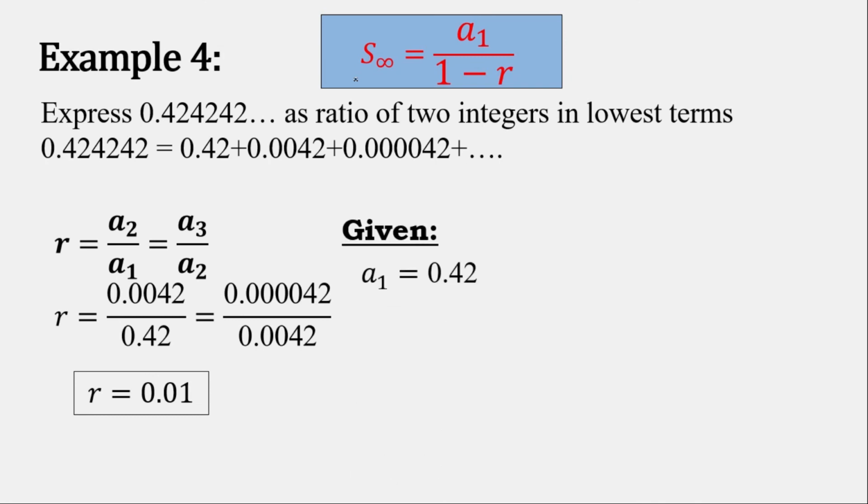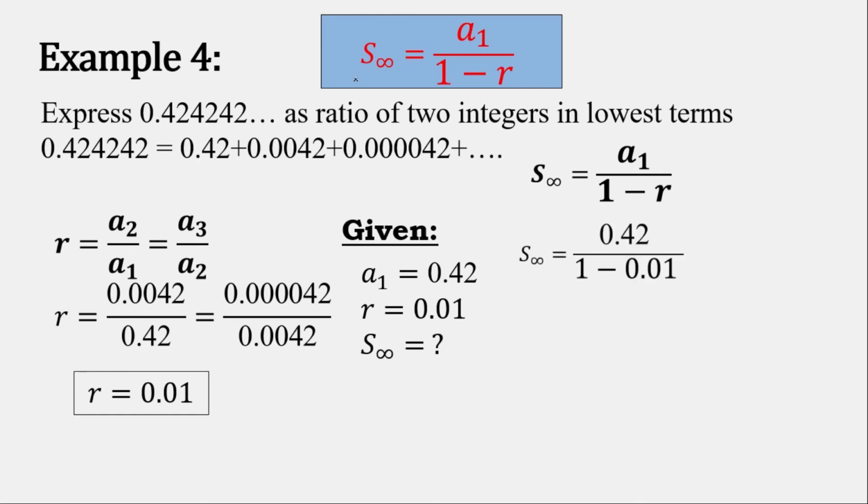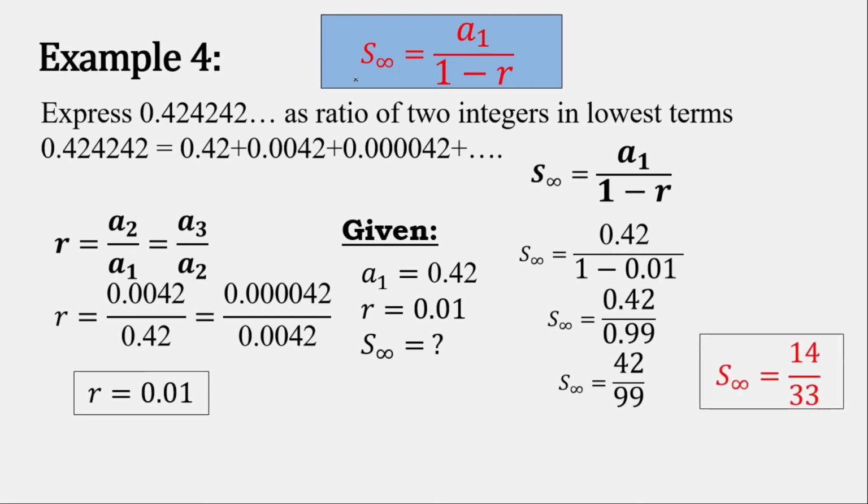Now that we have the given values, we can use the infinite geometric series formula to change this decimal number into a ratio of two integers in lowest terms. Now we have 42 over 99. Let's simplify it and we have 14 over 33.